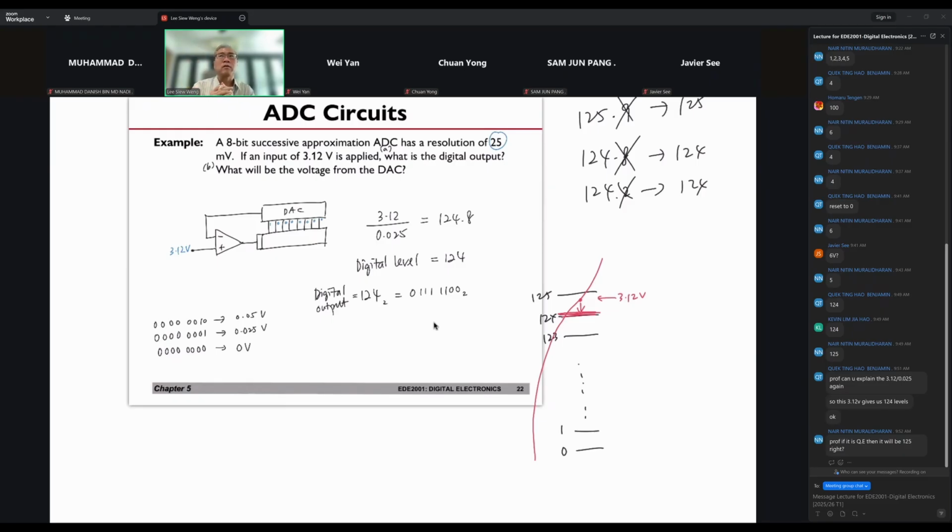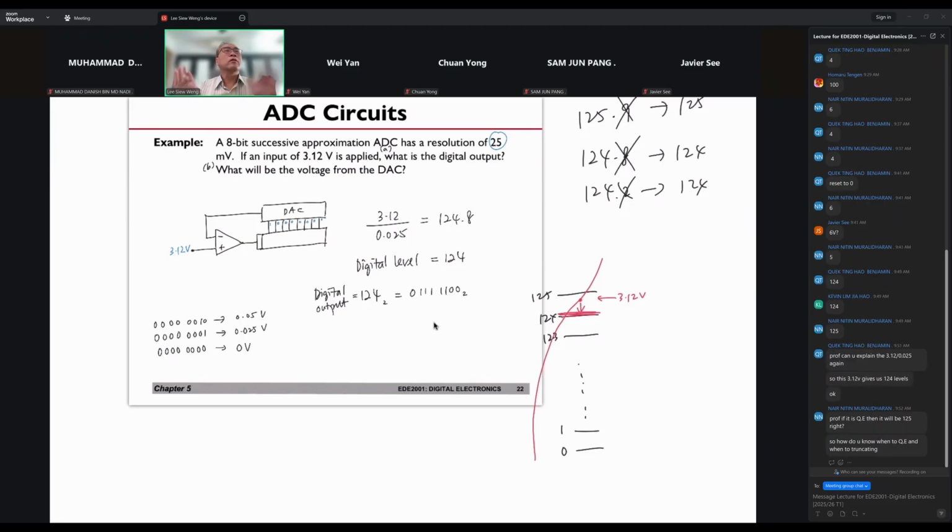Don't forget that. The theory is based on the possibility that some people can design a circuit that does rounding instead of truncating, and the quantization error is based on that as well. Quantization error is always calculated as plus minus resolution divided by 2, which is based on rounding off and not truncating.